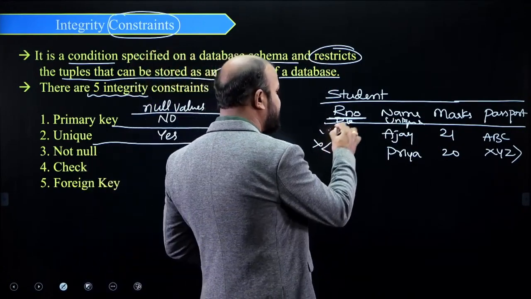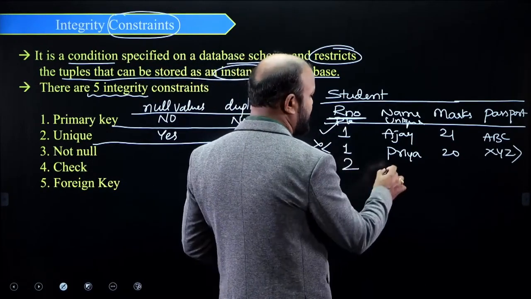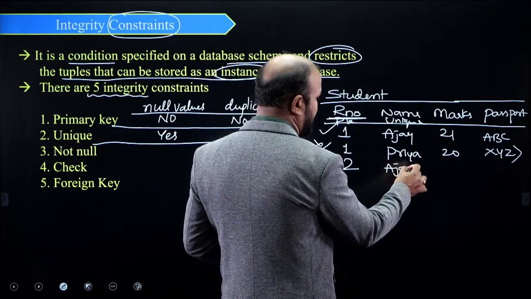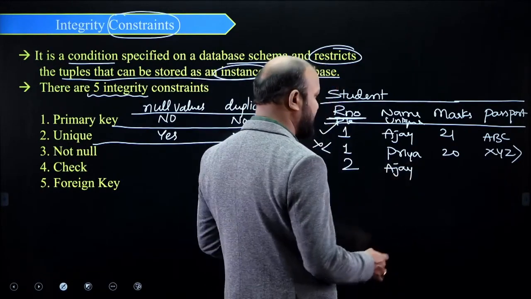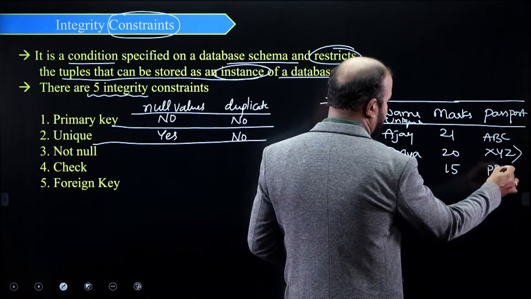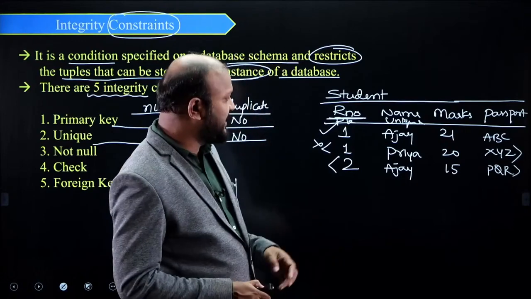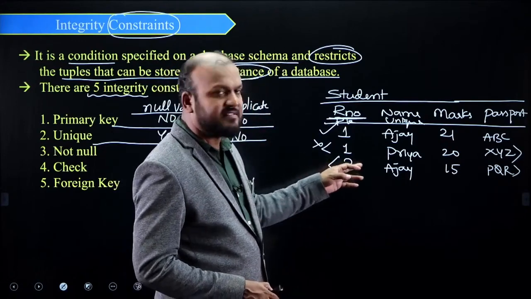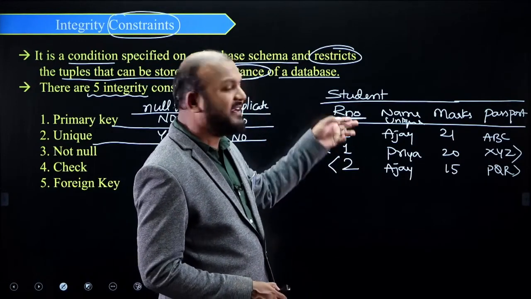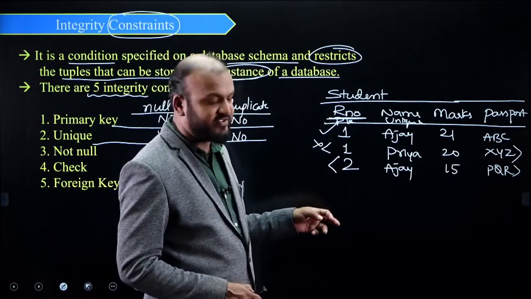Already one Ajay is inserted, that is already there on the database system. Suppose I am inserting another Ajay, meaning roll number 2 with the same name Ajay, marks 15, and PQR as the passport number. It is going to check this tuple against the integrity constraints specified over the database and against the existing tuples.